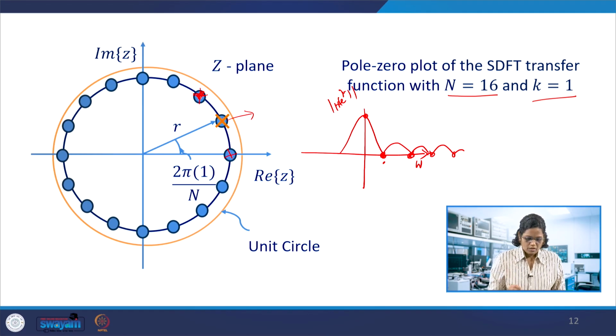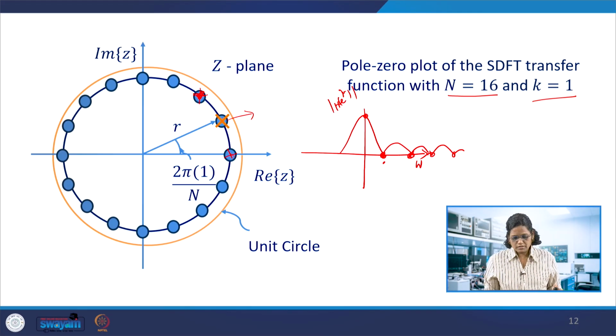So we can cancel any of the zeros according to the k you choose. For the fundamental, we choose this. If you want DC alone, you choose k equal to 0, so that it cancels this zero by a pole and gets the peak response. Only then can you extract DC from that signal.